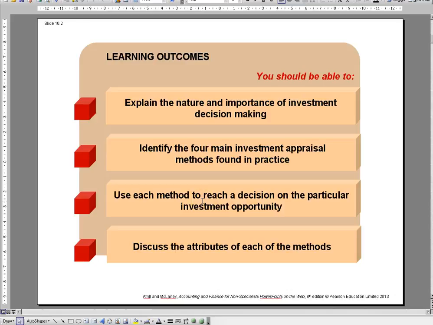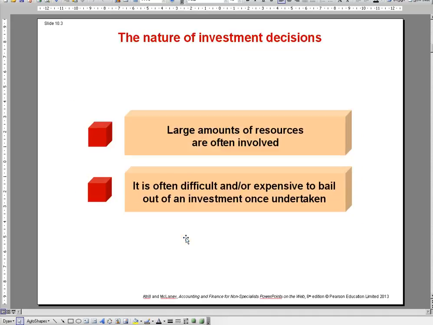That is another possibility, and discuss the attributes of each method. In this session, we're going to be looking at essentially the basic investment appraisal processes. I will, however, be mentioning some of the more recent developments in this process.